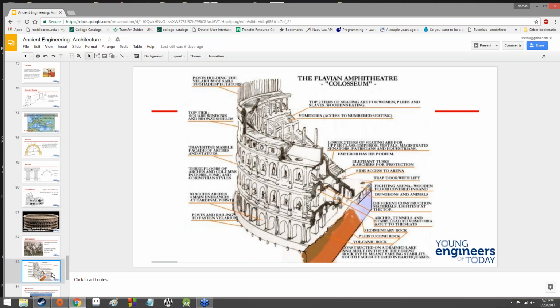This is kind of a cutaway of the Colosseum. It's not a terribly clear drawing necessarily, but it is one that is complete in the sense that it shows a lot of the different structures that went into having the Colosseum standing, and the design philosophies and the design of it itself.